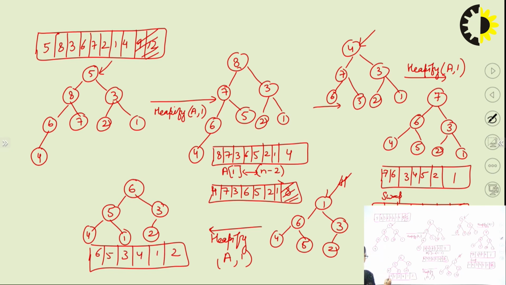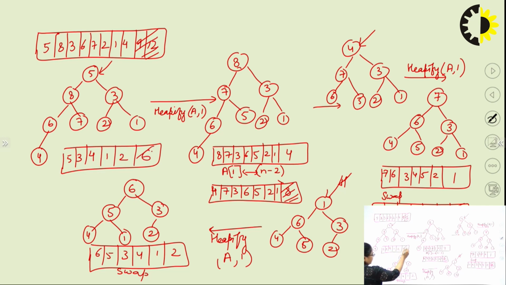Swap. When we do the swapping, we will get an array as 5, 3, 4, 1, 2 and 6. And finally 6 holds its position. Right?